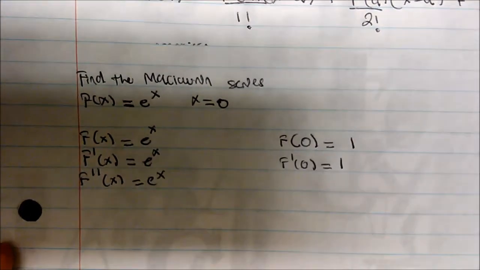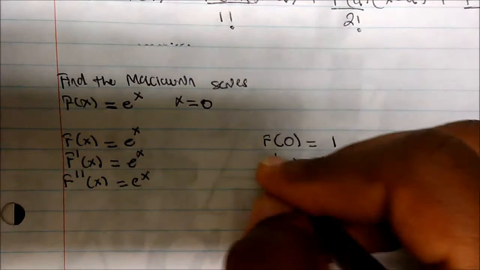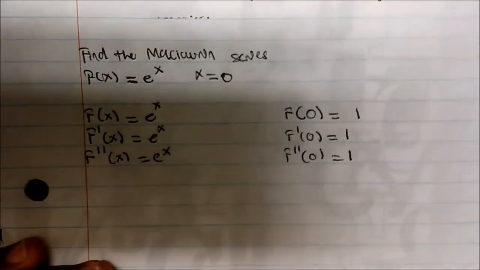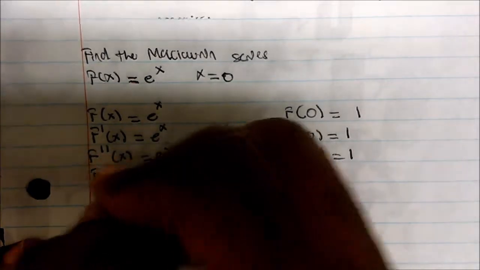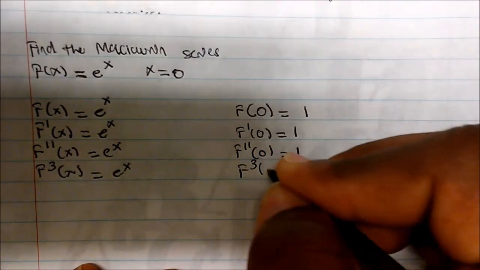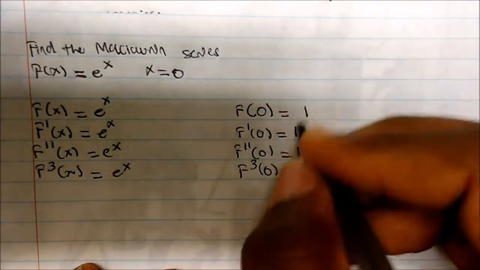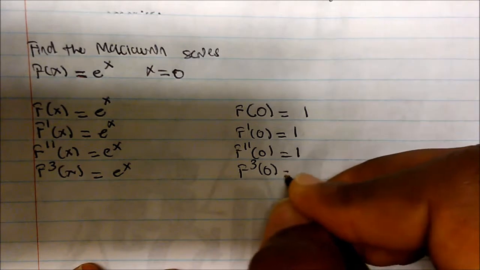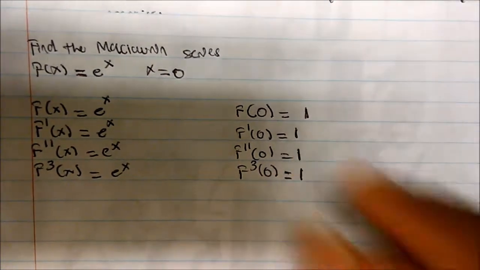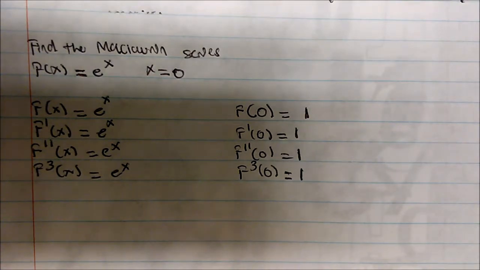That's also e to the x, so f double prime of 0 is also 1. What's the third derivative? That's also e to the x, and so f triple prime of 0 is also 1. So you can see that we're just staying constant.